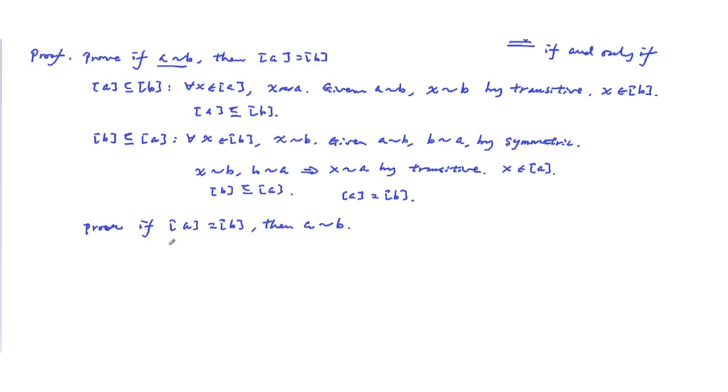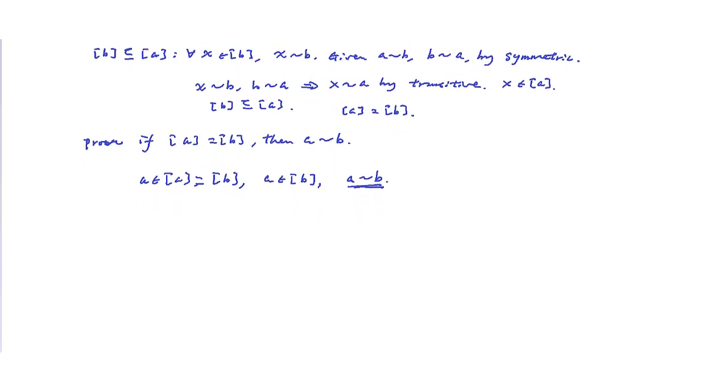This part is pretty easy because a is in class a. Because that is equal to class b, then a is also in class b. But a in class b means a is related to b by the definition of the equivalence class b. So that's the proof we need, and we have done the proof of this theorem.